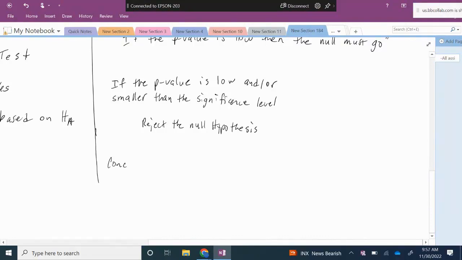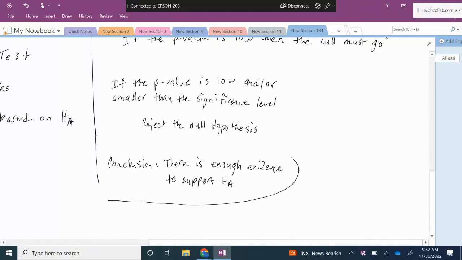Right, so the conclusion should be there is enough evidence to support your alternative hypothesis.